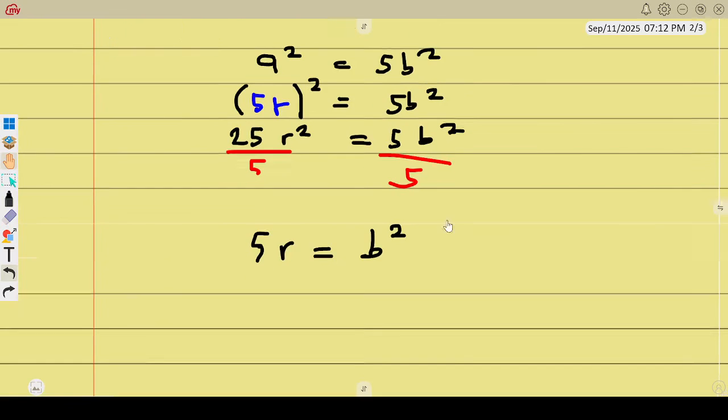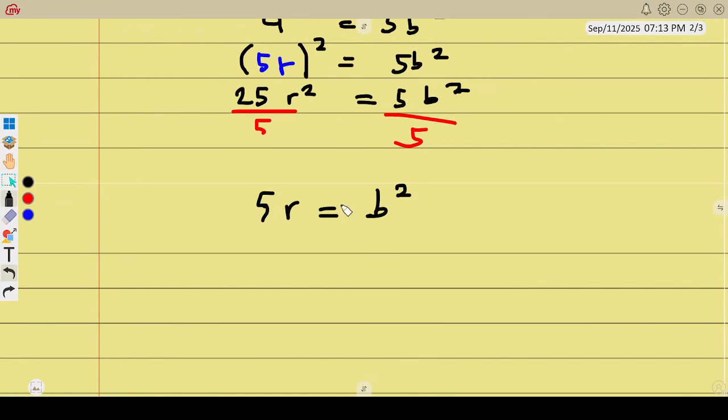So again here we can write a statement. Do you know what it means? We have a b squared and we have a coefficient of 5 in front of a letter. So this means that b squared is divisible, or you can say is a multiple, depending on your English.